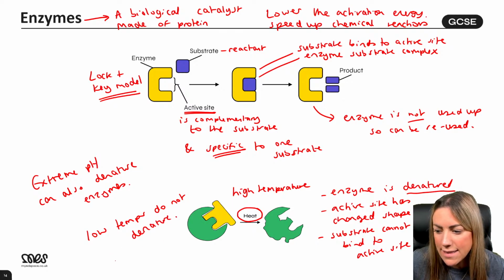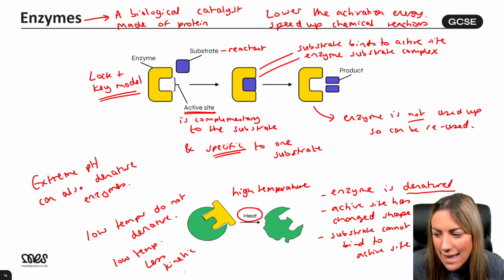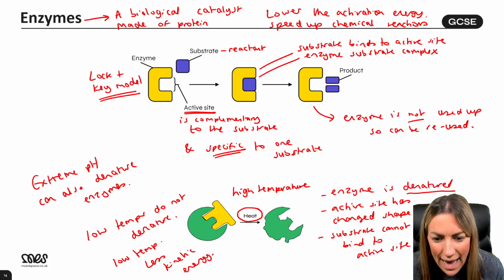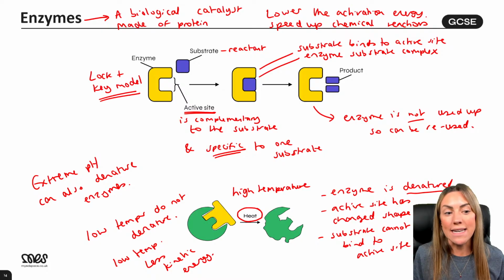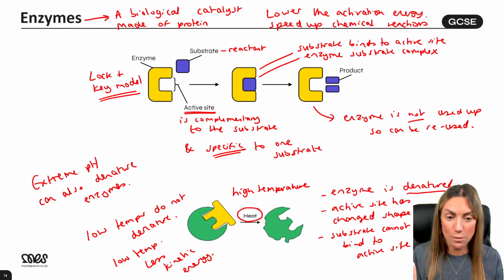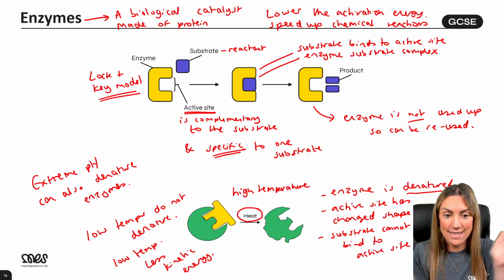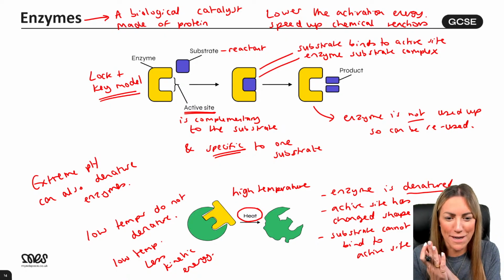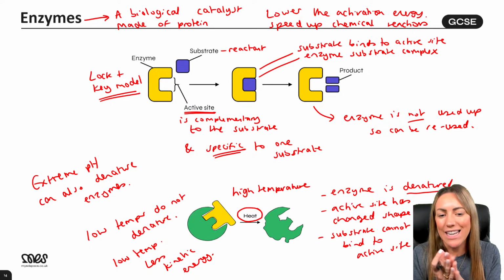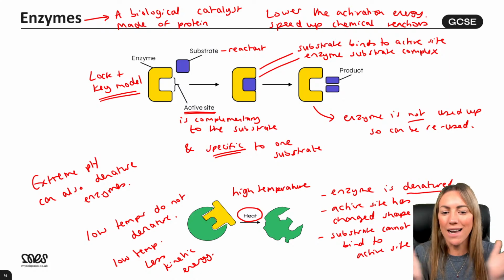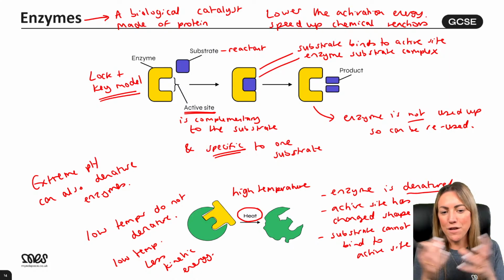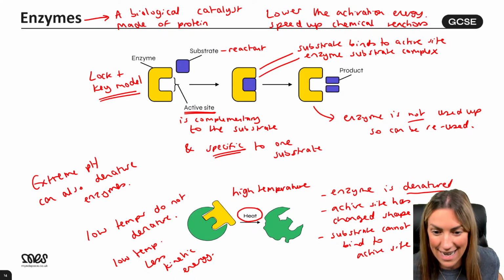All it means, if you've got a low temp, it just means there's less kinetic energy. So be careful. It just means the enzyme and the substrate have less kinetic energy, so you get less, what's the word I'm looking for? Less frequent collisions. They don't collide as often. You get fewer successful collisions because there's less kinetic energy.